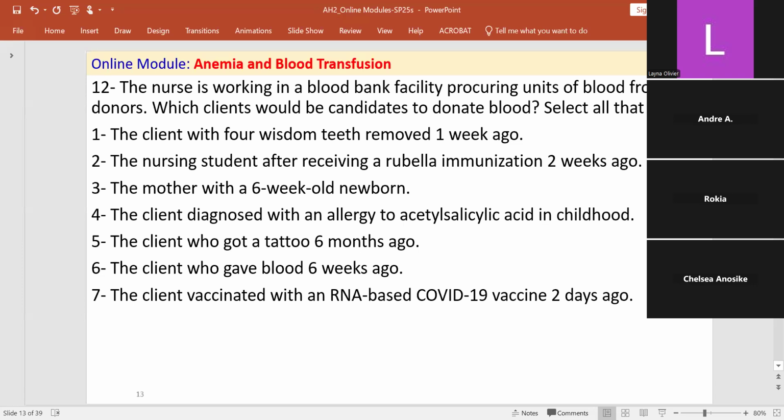Number two: is the nursing student already immune to rubella after 2 weeks? After receiving rubella immunization 2 weeks ago, it should be 1 month. So after rubella immunization, that individual cannot donate blood for 1 month after the immunization.